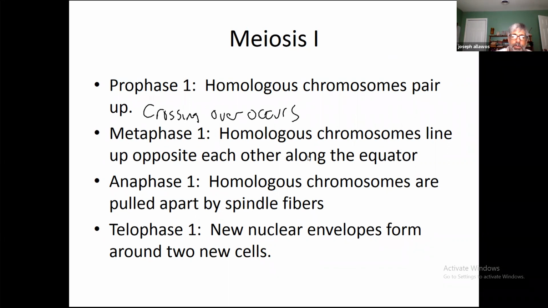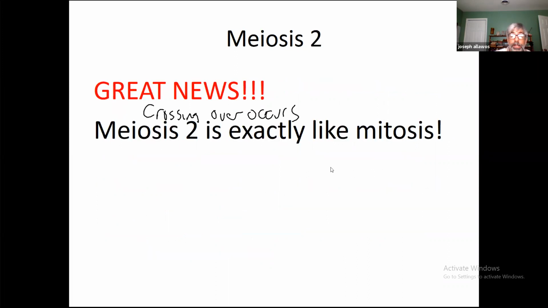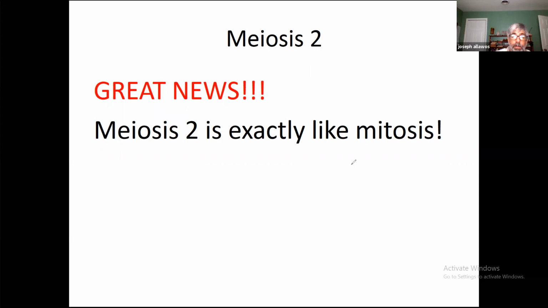Homologous chromosomes line up opposite each other, and then they are pulled apart. 2 nuclear envelopes form. Meiosis 2. Great news, y'all. Meiosis 2 is exactly like mitosis. So if you know mitosis, you automatically know the second part of meiosis. Okay. Voila.